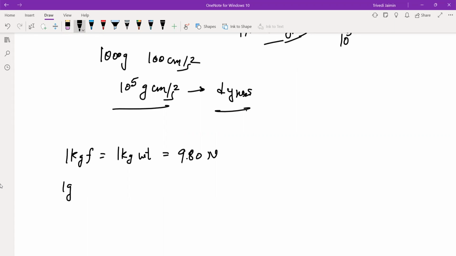Then 1 gram force, or 1 gram weight, is 980 dynes.